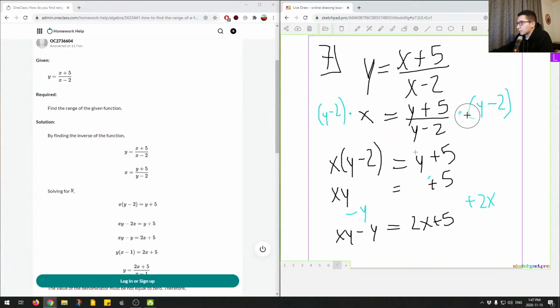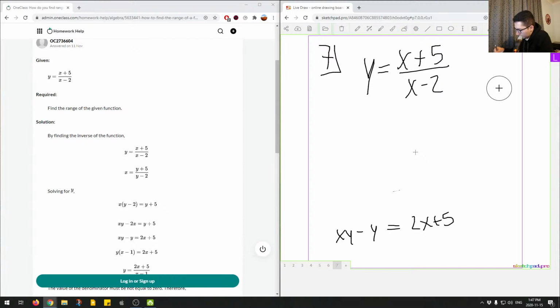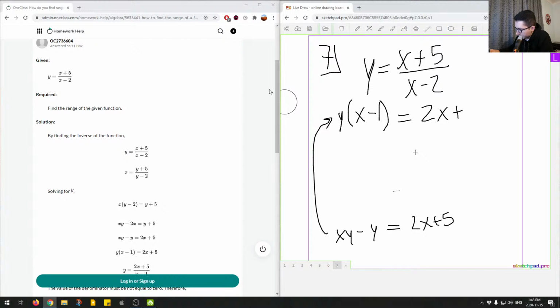And then I'll erase this stuff and make some space. Okay, so we'll move this up here, or I'll put an arrow like this on the side. So we'll factor out the y. We just factor out the y on both terms, and we end up with x minus 1 times y is equal to 2x plus 5.